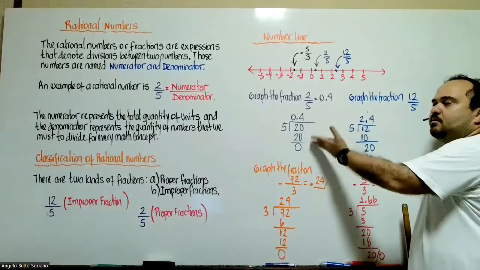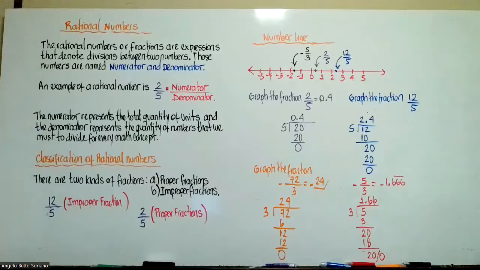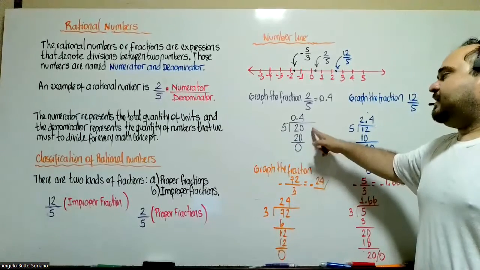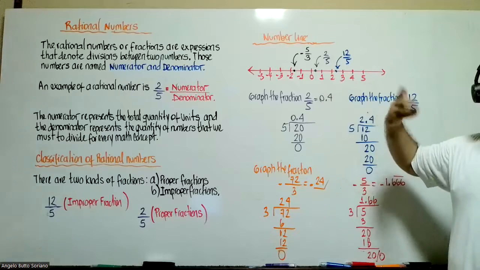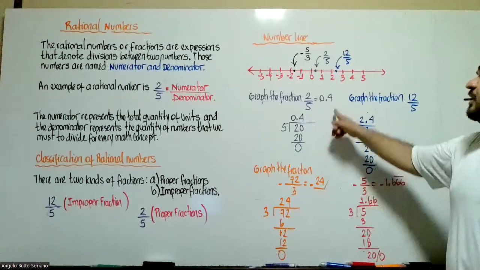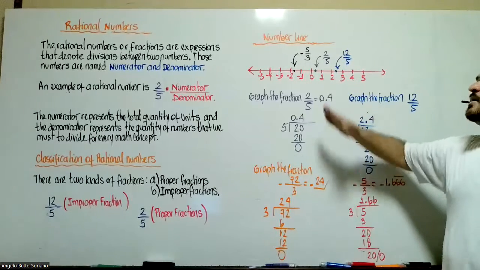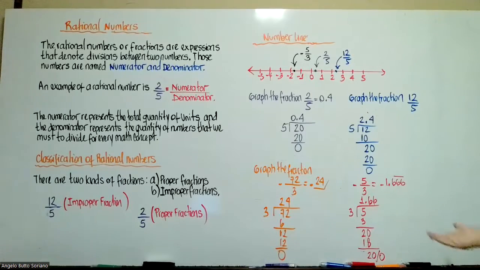Y una vez teniendo esto en cuenta, podemos encontrar un número que multiplicado por 5 nos dé 20 o se aproxime al número 20, y ese número sería el 4. 4 por 5 es 20. Y 20 menos 20 nos da 0. Entonces, ¿qué significa? Que la fracción 2 quintos se puede convertir en un decimal como 0.4. Y ese 0.4 se puede graficar entre 0 y el 1, no exactamente en el centro, porque en el centro sería el punto 5, sino un poquito a la izquierda.